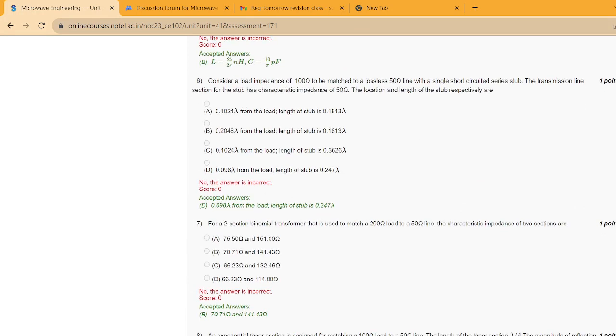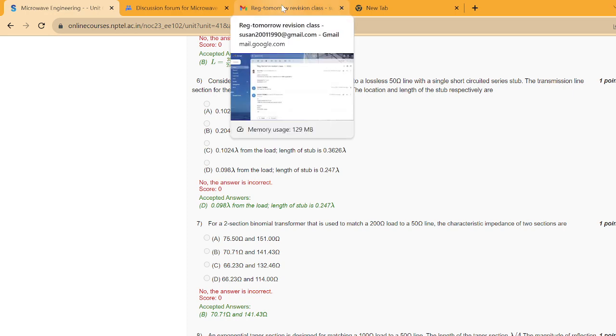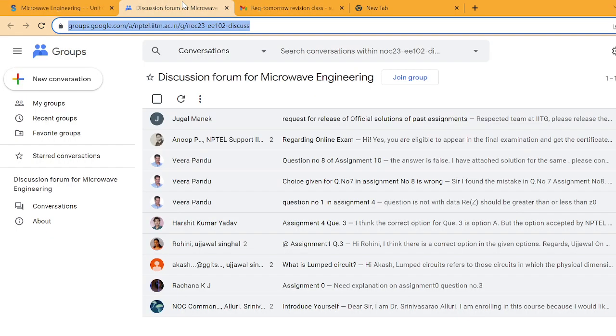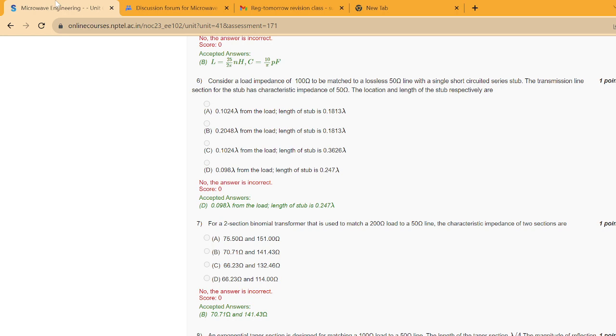In assignment 4, first I will start with the 7th question. That is about a two-section binomial transformer. Yes, ma'am. I will explain how the binomial transformer works, and then we will try to solve the question.